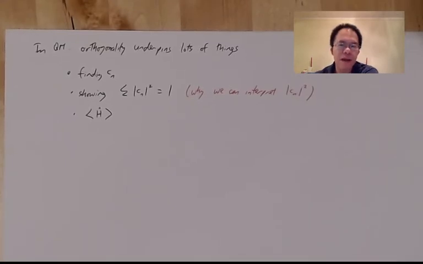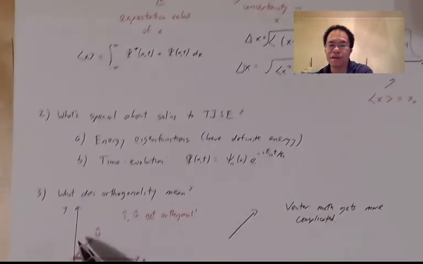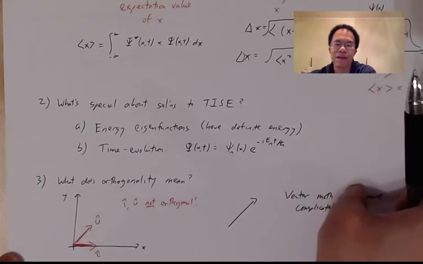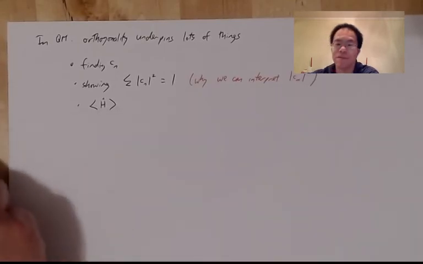Now, there is one thing I want to say, which is that if orthogonality is nice and helps us, how do I get it? It turns out that if I have two non-orthogonal vectors, like this u-hat and i-hat in this example, then I can always construct a pair of orthogonal vectors, and the same thing is true for wave functions.